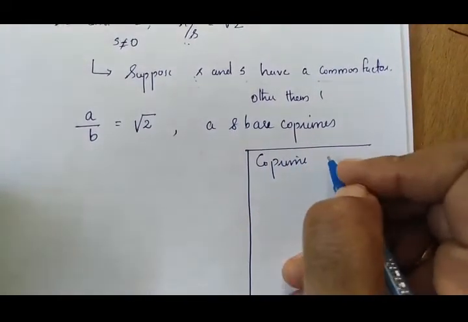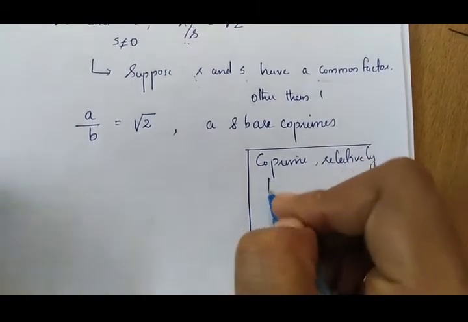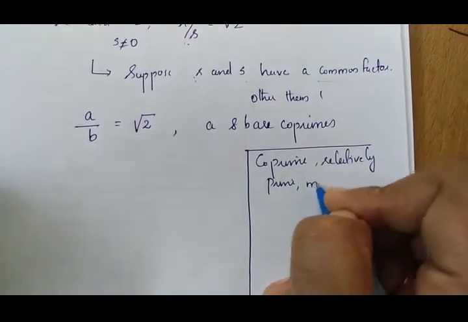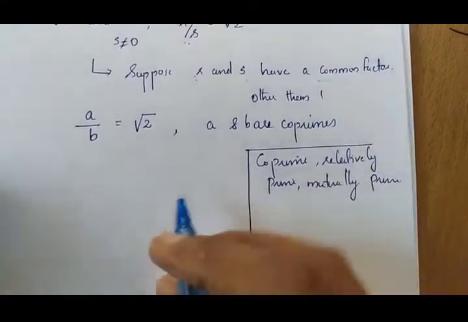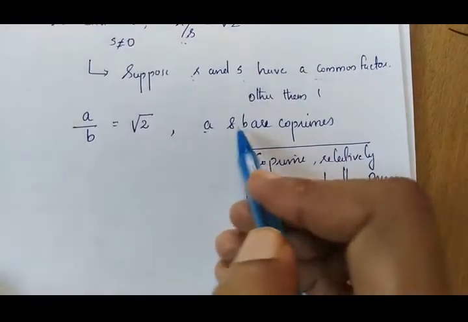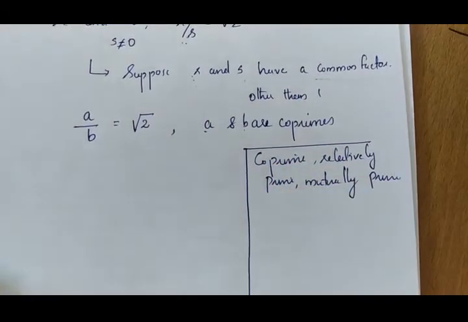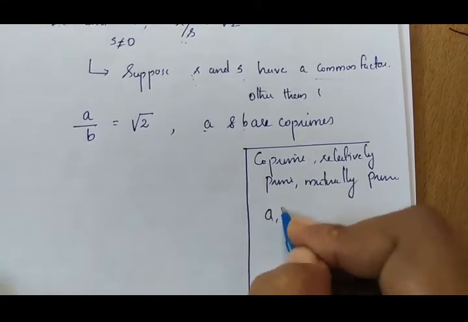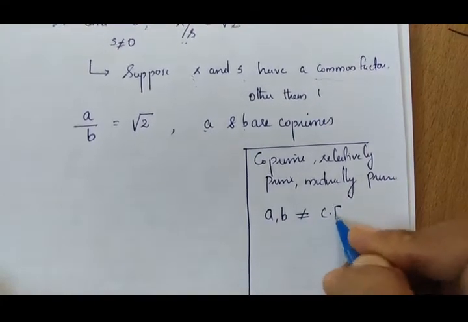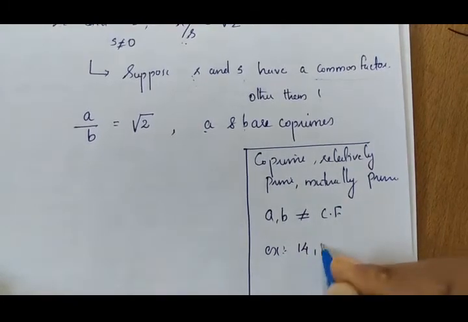What is co-prime? Co-prime is also known as relatively prime, mutually prime, etc. And here we are saying that A and B are co-primes. A co-prime number pair is a pair of numbers which does not have a common factor. That means A and B do not have a common factor. Examples are 14 and 15.